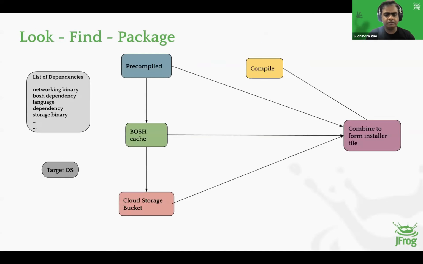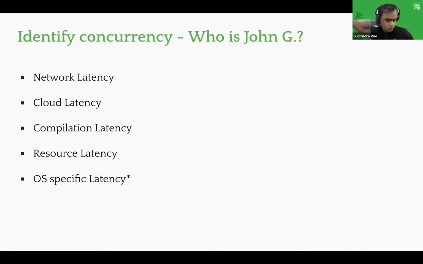In all of these places, we used to go through these in a sequential manner. And we did not incorporate the optimizations that we could for these different types of latencies. We are pulling images or binaries from the cloud, and different clouds had different latencies.